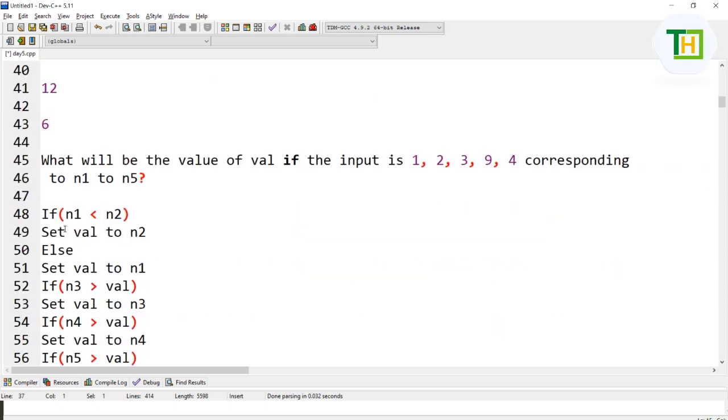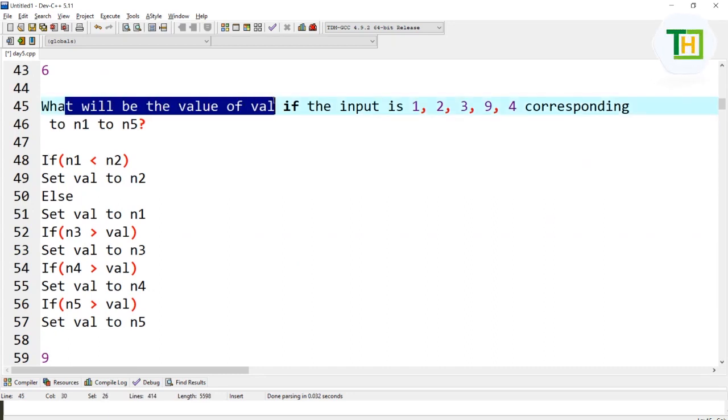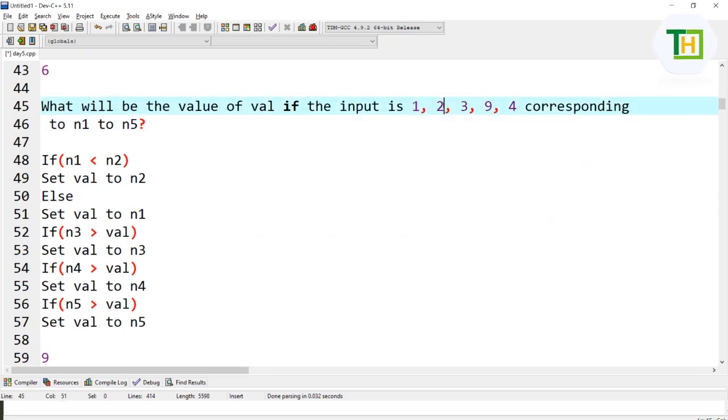Okay. Then moving to the next question. What will be the value of val if the input is 1, 2, 3, 9, 4 corresponding to N1, N2, N3, N4 and N5? Now what is the val value after this?